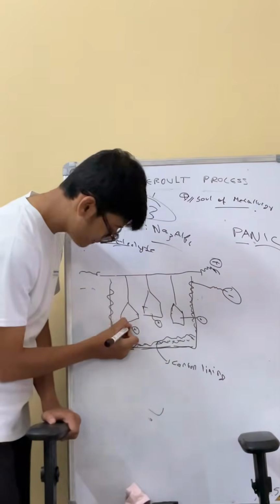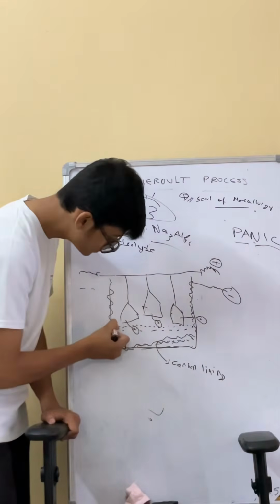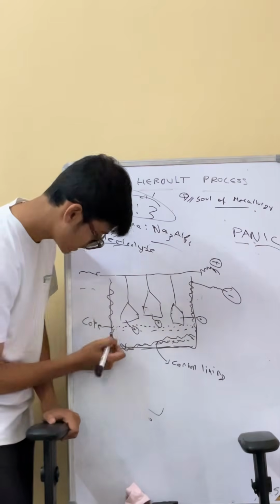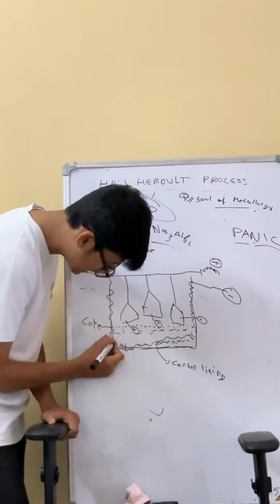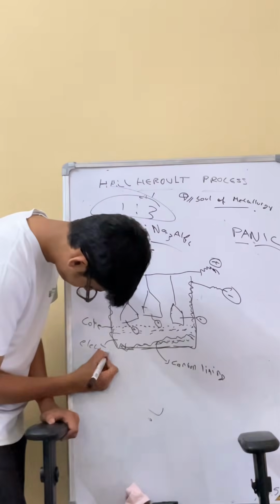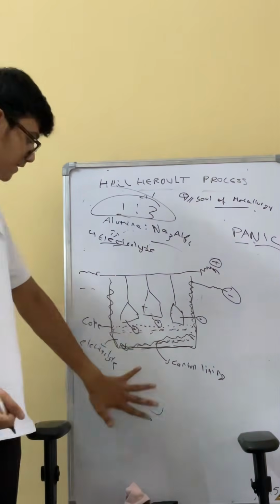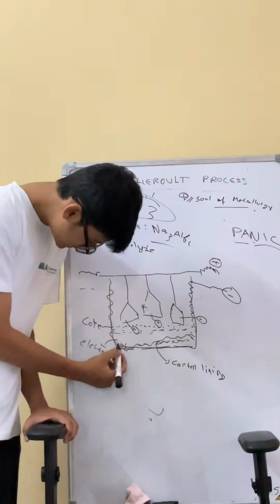And we will have powdered coke here, which will also be carbon. I'll explain what that's for. And this is basically our electrolyte. Important stuff: everything is carbon. This is the carbon lining, and this is the output.